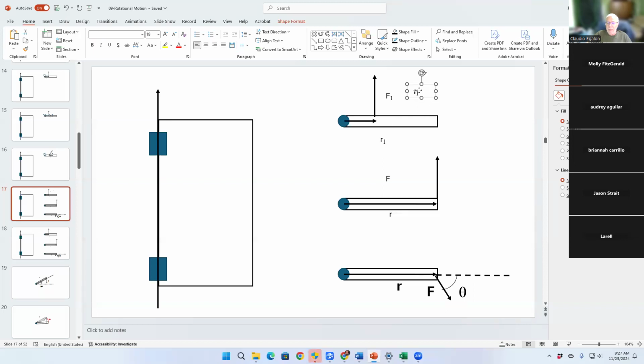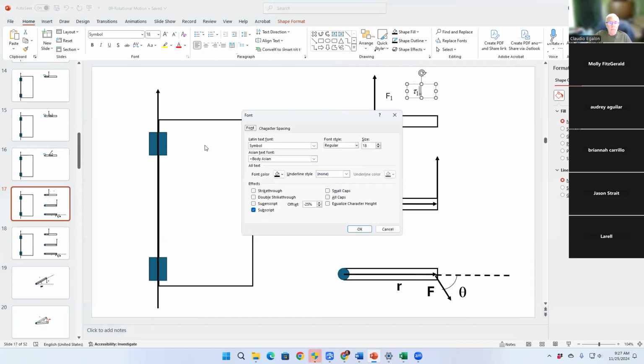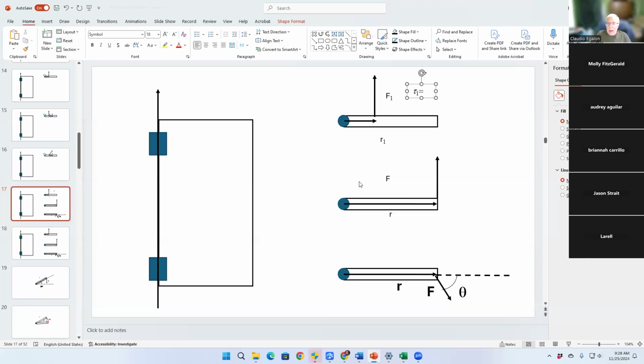This torque is going to be given by torque 1 equals R1 F1.